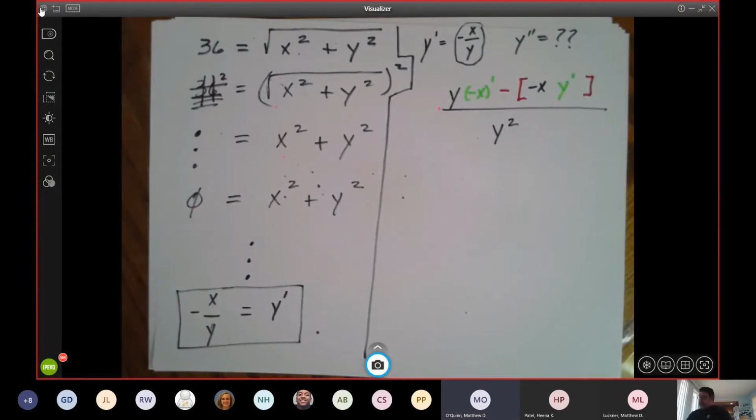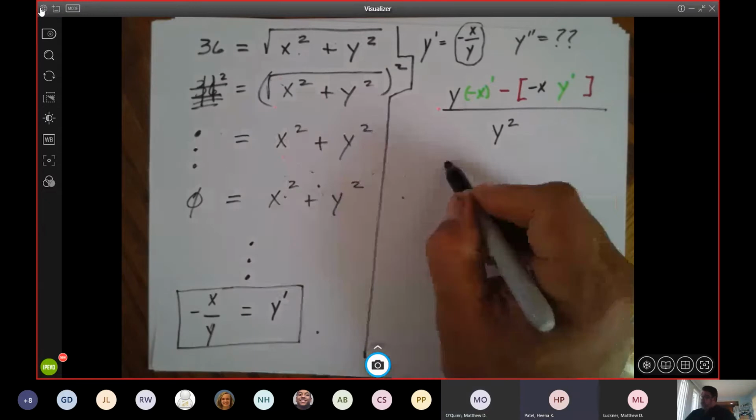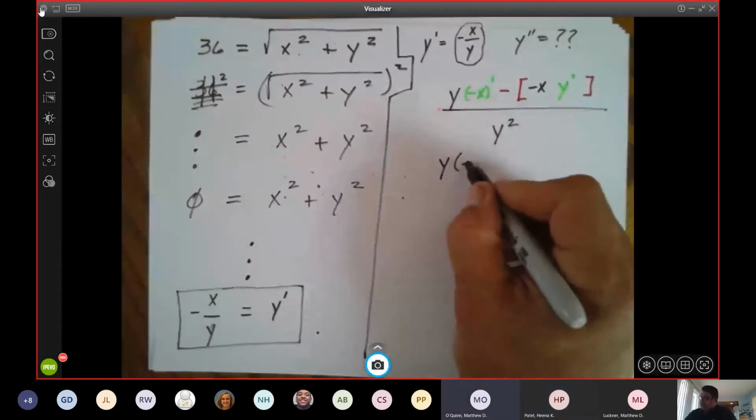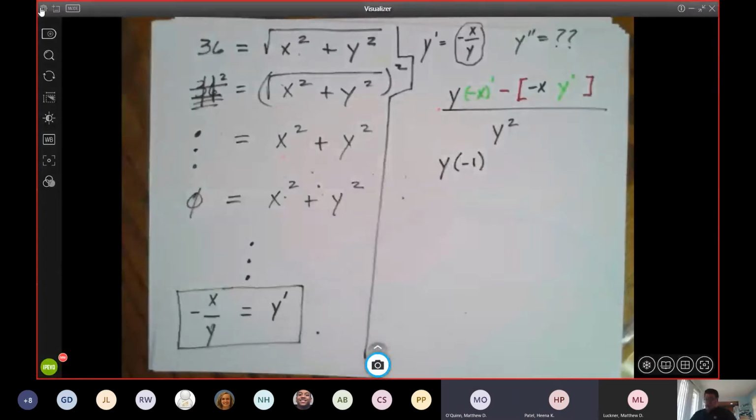Okay, that's going to give me y. You have the other ones. And what's the derivative of negative x? Negative 1. I'll put that in pink.